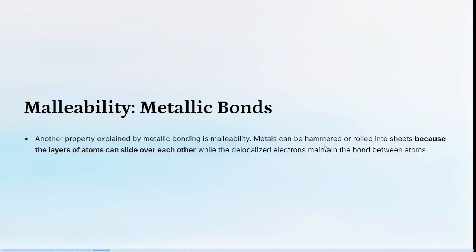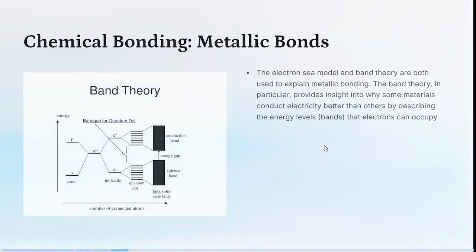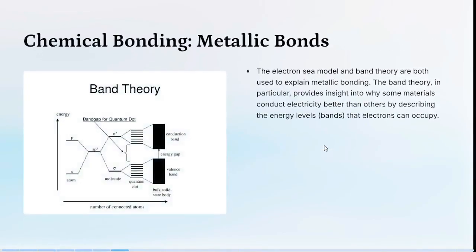Now let's look at chemical bonding in metals. The sea of electrons model and band theory are both used to explain metallic bonding. Band theory talks about how energy levels differ between the conduction band and the valence band of electrons.